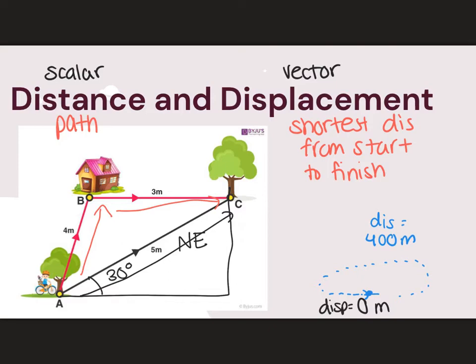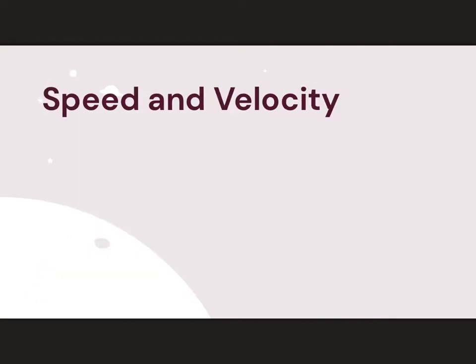Let's learn some more vocab. Speed and velocity. Some of the most misused words in life and physics. Speed is a scalar and velocity is a vector. Pretty easy to memorize because they start with the same letters. Speed, pretty simply, is my distance over a period of time.